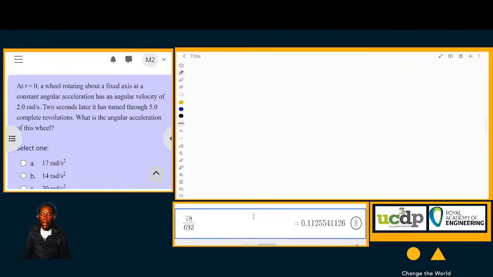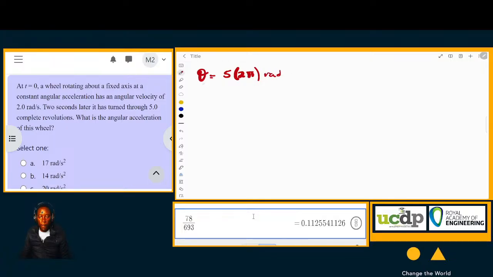You are given the time, 2 seconds, and the angular displacement, which is 5 times 2 pi. So we've got theta equals 5 times 2 pi radians, just radians.